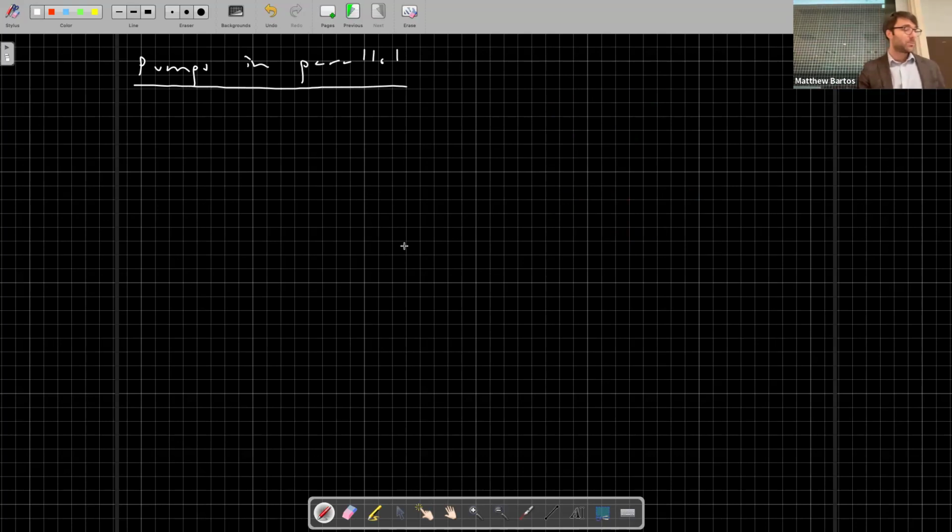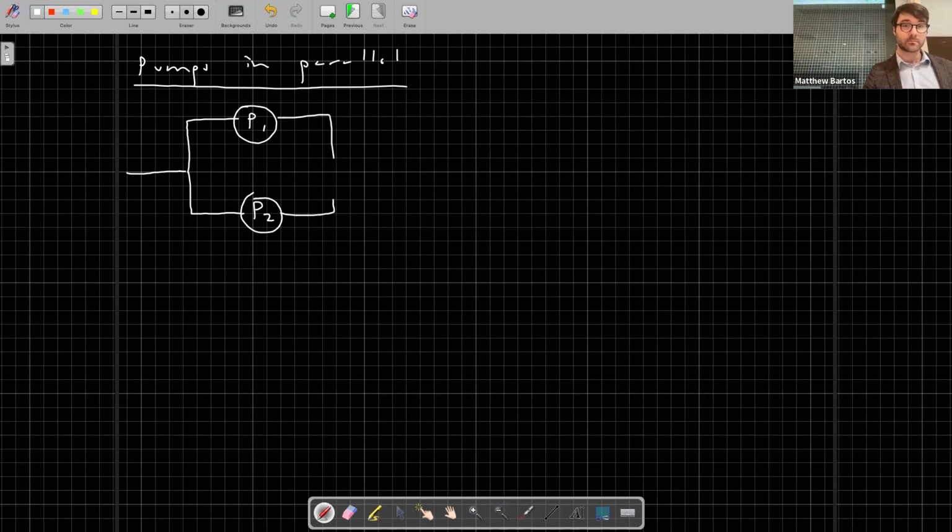Okay, so let's say we have two pumps in parallel. Call them P1 and P2. So there is some flow rate Q coming into this set of parallel branches, and some flow rate Q exiting this parallel set of branches.